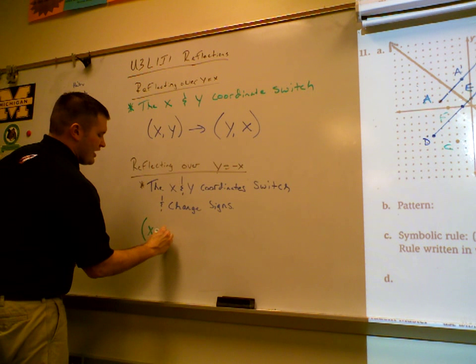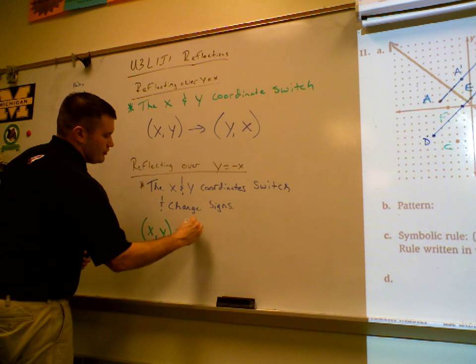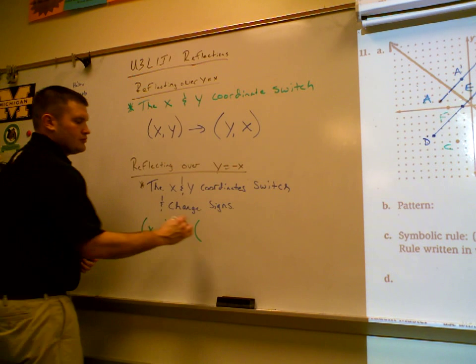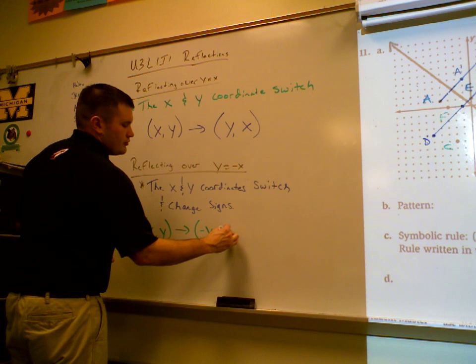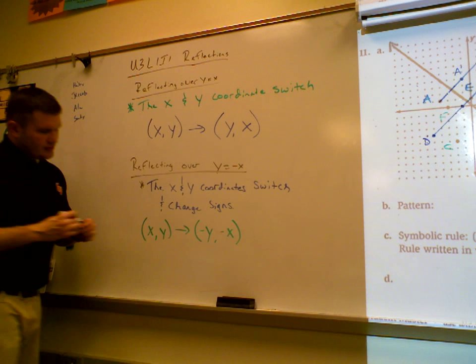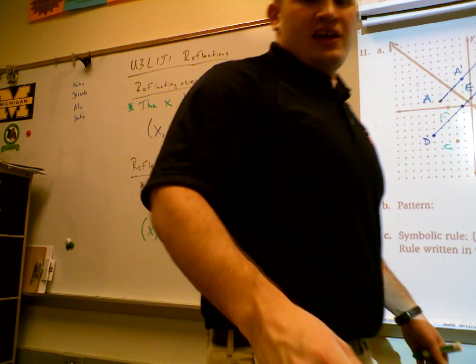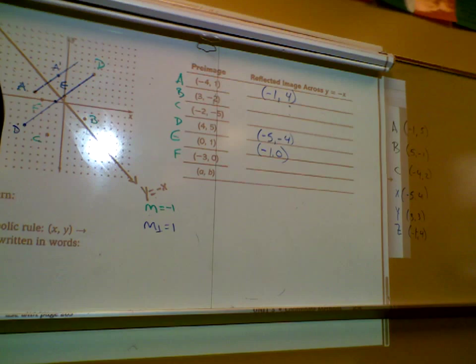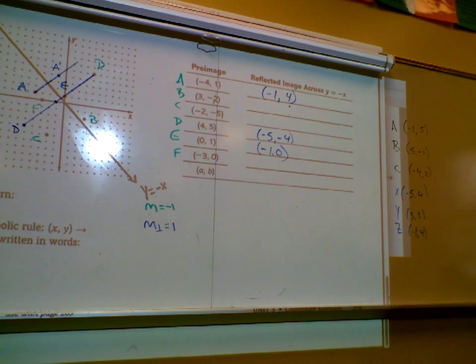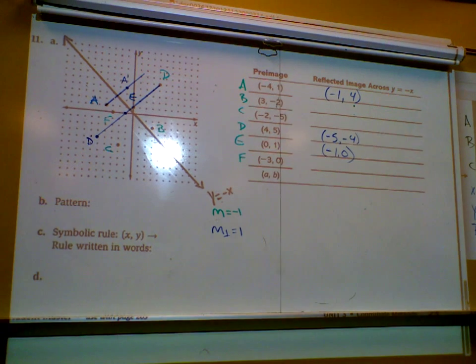So that means X comma Y becomes what? -Y, comma -X. Perfect. Okay. The coordinates switch and change signs. Does that make sense, guys? All right. Try B, C, and F, and A comma B.